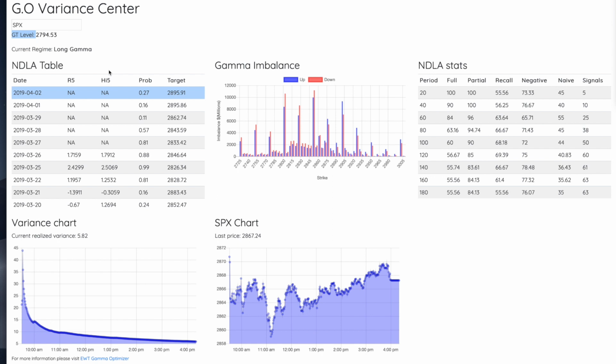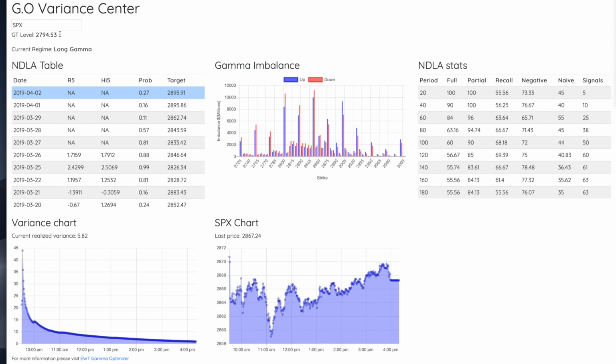As you might imagine, if we drop below this value, then we flip to short gamma, and short gamma is the complete opposite. Short gamma means that now option dealers have to hedge with the market. So in a short gamma regime, if the market falls, option dealers need to sell to remain neutral.